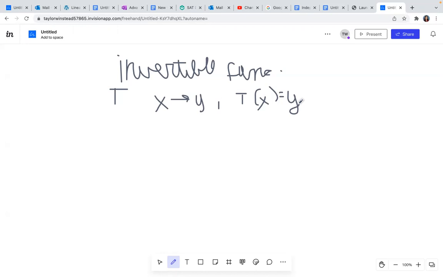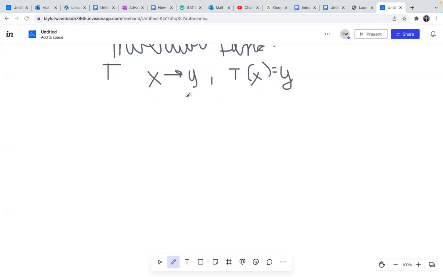So another way to write this is saying that the inverse T^-1 would be defined as, and I'll write this in a different color here, the unique x such that T of x equals y.